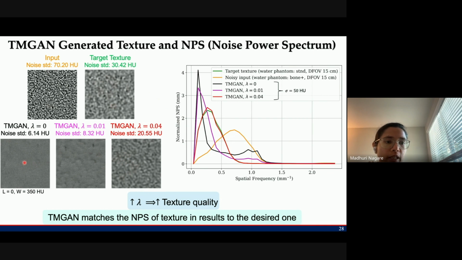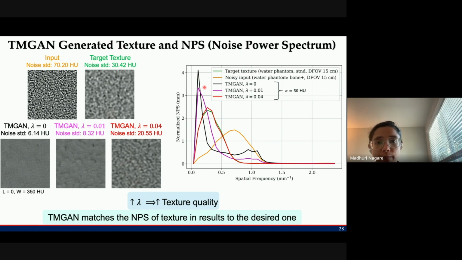You can see that in images with lambda 0, we get flat noise. Then with lambda 0.01, we start getting texture back, but it is not completely uniform, or the grain is not the same as the target. And then with lambda 0.04, we are very close to the target texture. And that's what we see in the noise power spectrum too.